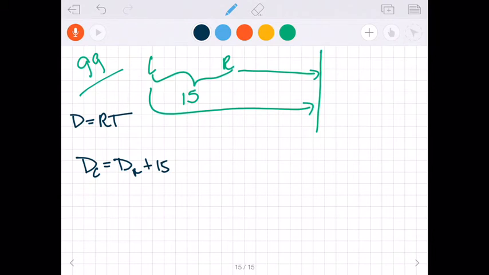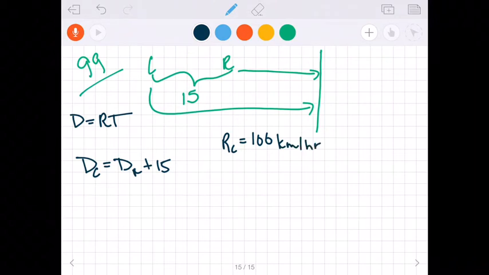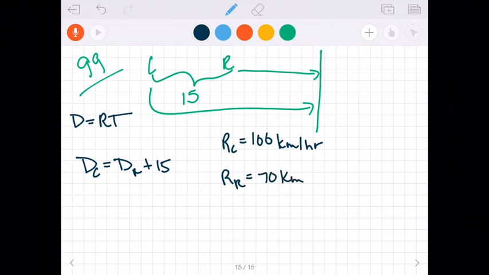All right, we know the two rates, so I'm going to write those down because we want to always write down what we know. So Charlene's rate is 100 kilometers per hour. And Rachel's rate is 70 kilometers per hour. All right, and what we're looking for is time.